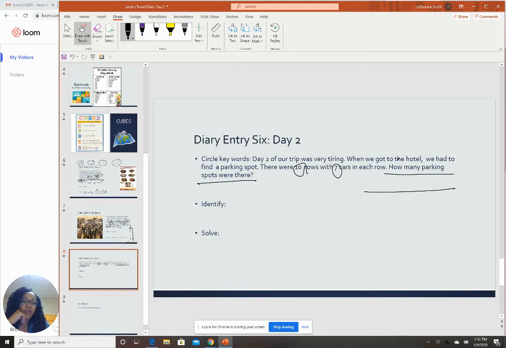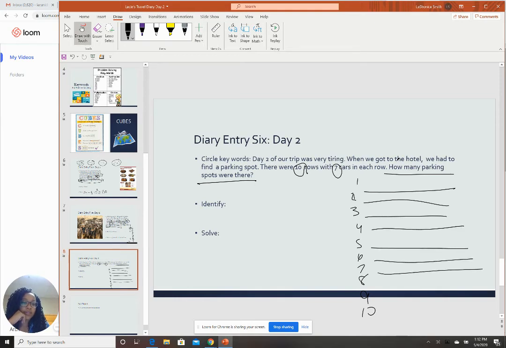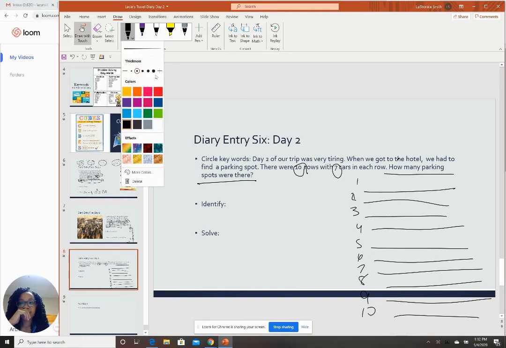So if I draw 10 rows, 1, 2, 3, 4, 5, 6, 7, 8, 9, 10. Here's my 10 rows. And I'm going to draw 7 cars in each.